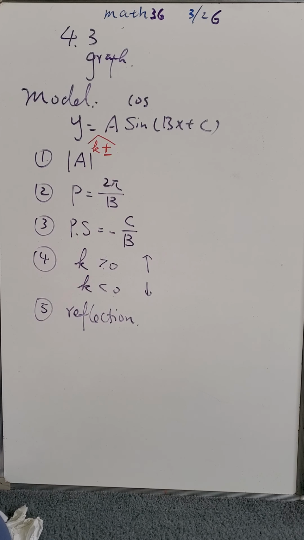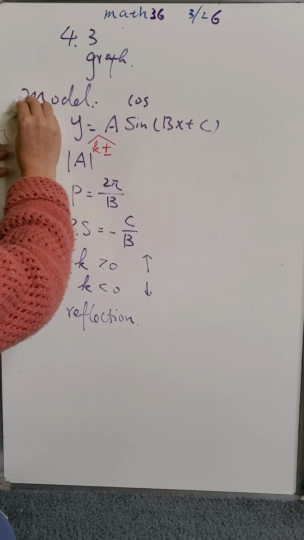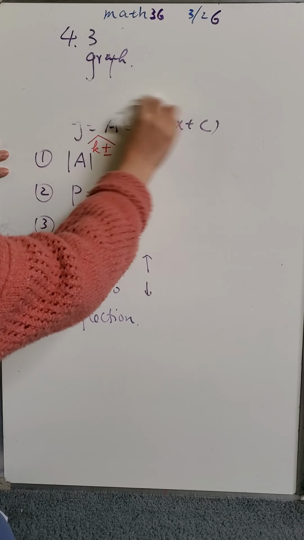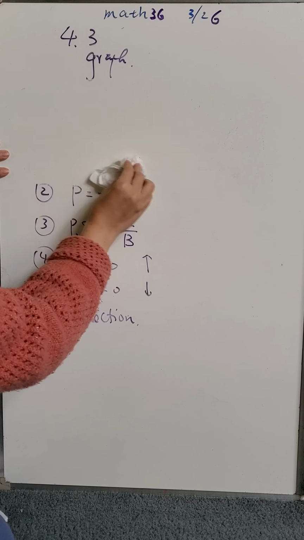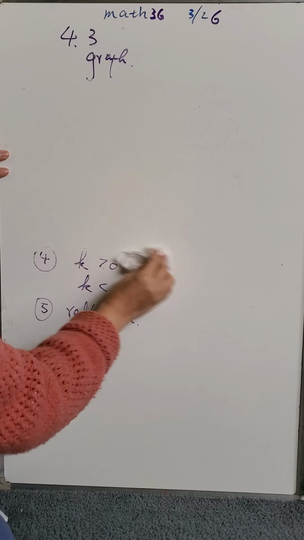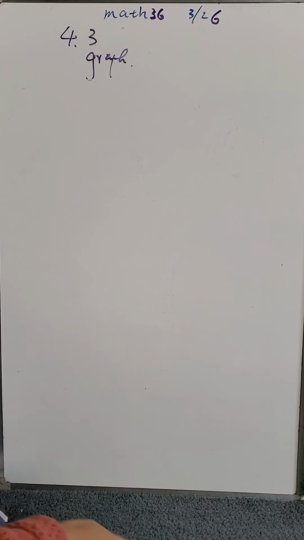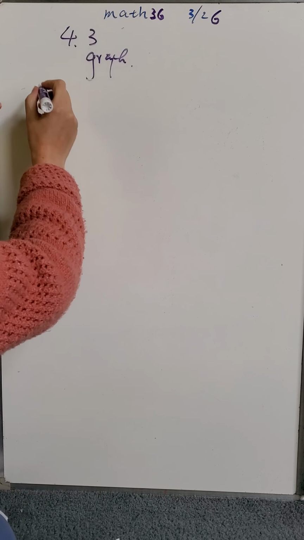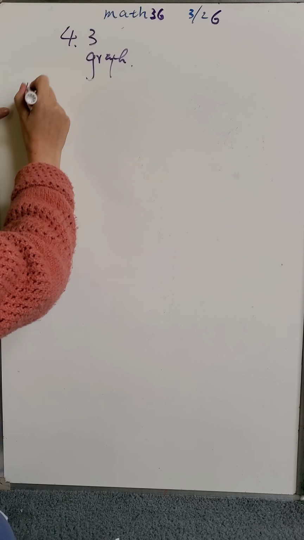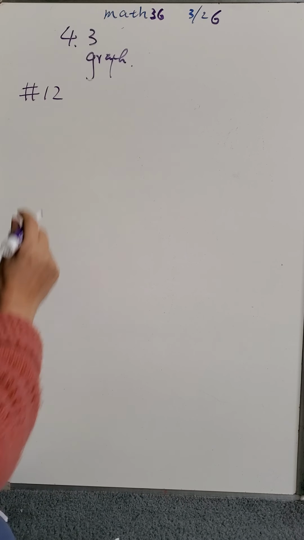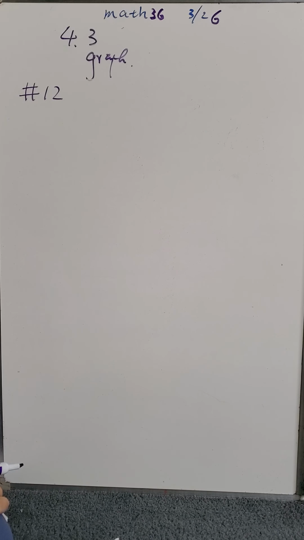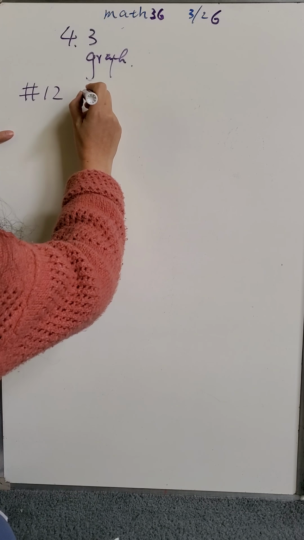Okay, so now we're going to do a couple examples. So we have the model, and then we're going to do the examples. Here's problem number 12. We have y equals negative 1 plus cosine x.